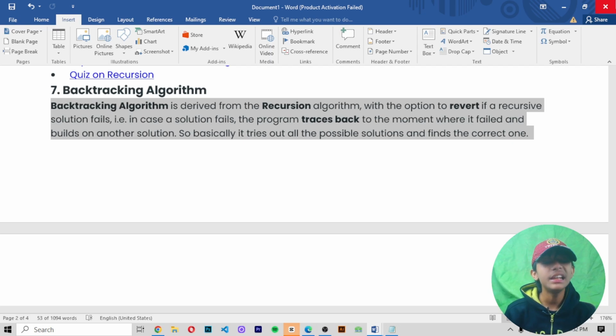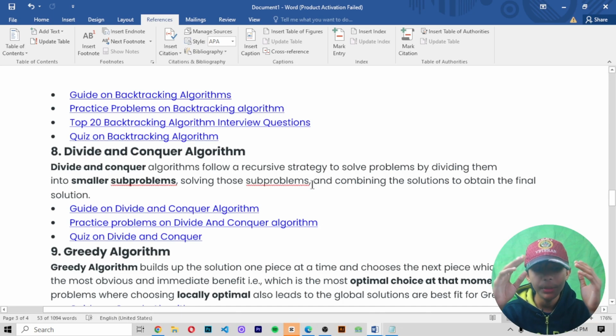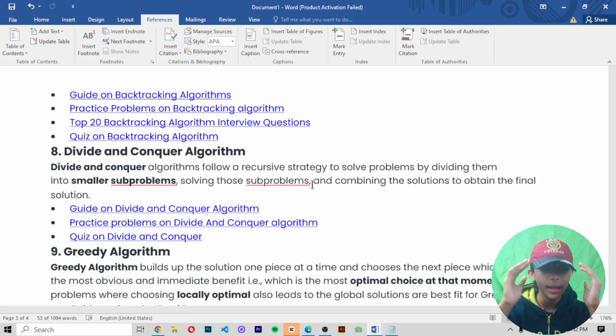Basically, it tries out all the possible solutions and finds the correct one. We also make a proper detailed video on backtracking algorithms with practice problems, and I also tell you the top 20 backtracking algorithm interview questions.